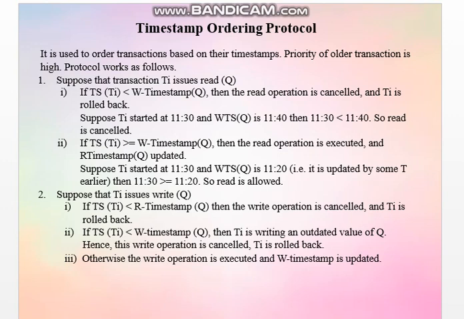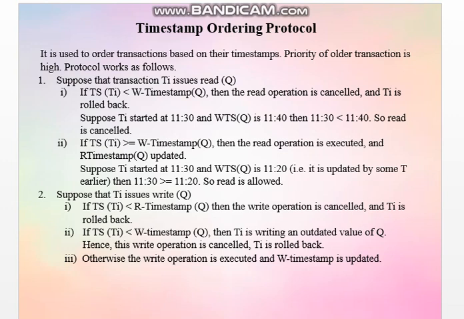Now the next situation is if TS of a transaction Ti is having a value less than the write timestamp, then Ti is writing onto an outdated value of Q, hence the write operation is also cancelled and Ti is rolled back. This is the same situation which we saw in the previous condition. Here again the transaction T1 comes.